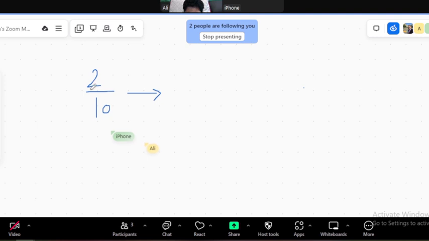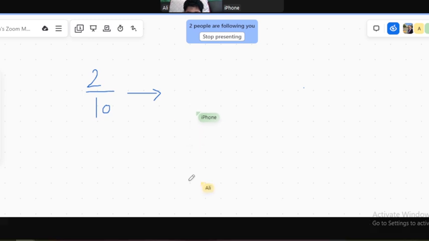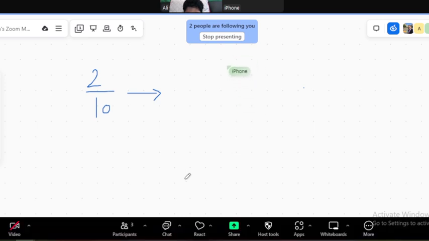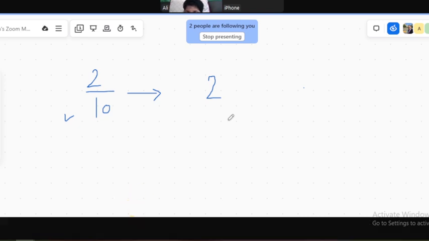First, to change from fraction to decimal, we have some conditions. The first condition is you should have 10 or 100 or 1,000 in the denominator. So the first condition, we have it, 10. Second step, write the numerator. Then put the decimal point after counting the number of zeros in the denominator.